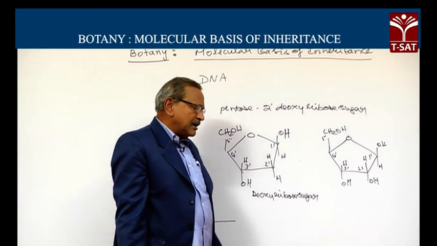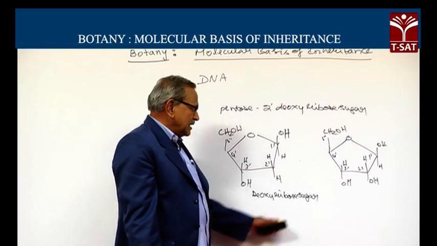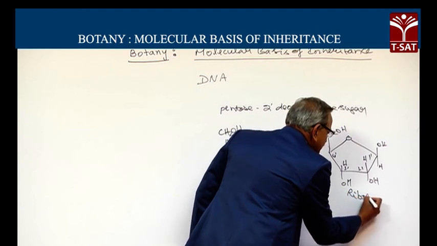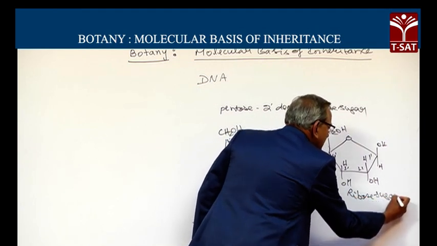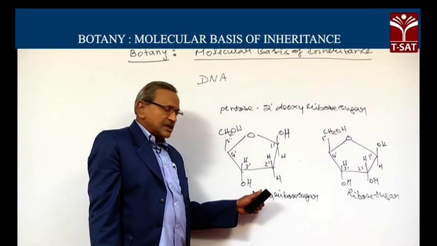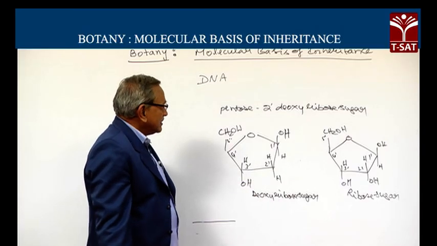So at second carbon we have H and OH, and this is ribose sugar, whereas in deoxyribose sugar only 2 hydrogens are present. Instead of hydroxyl group, hydrogen is present.